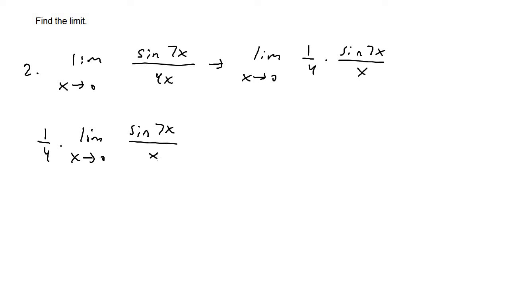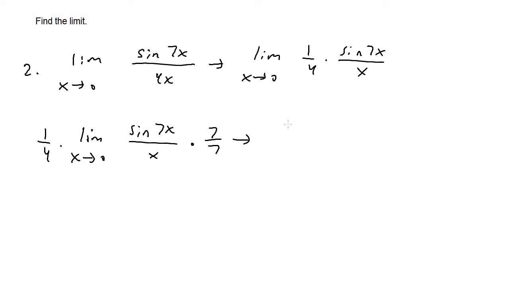Now using our special trig limit, remember that we do have to have the same coefficient on both the numerator and denominator in order to use the limit. So I notice we do need a 7 in the denominator. So I'm going to multiply by a clever form of 1, similar to the last problem. This time we need a 7 in the denominator, so I'll multiply by 7 over 7.